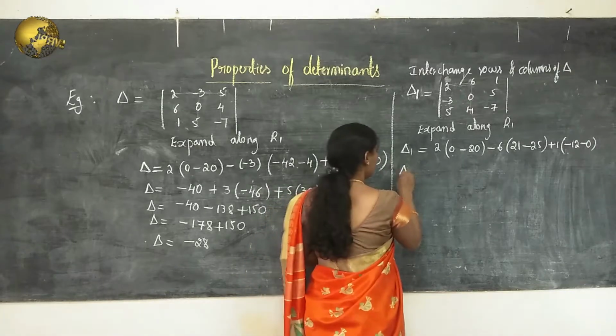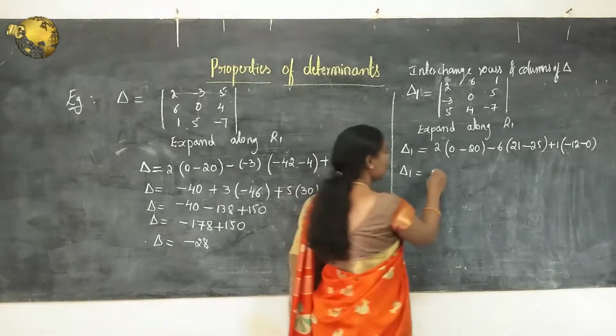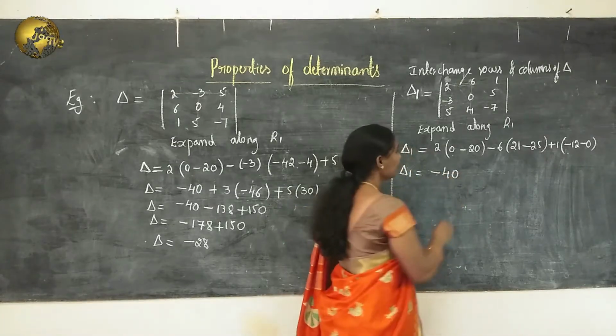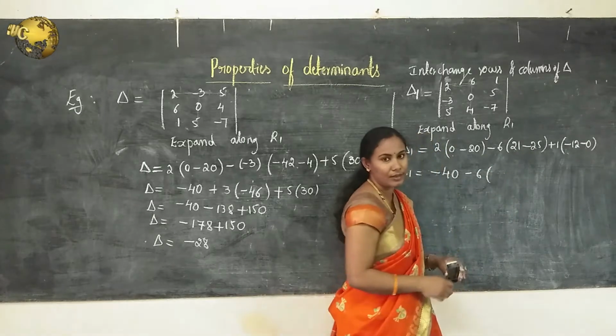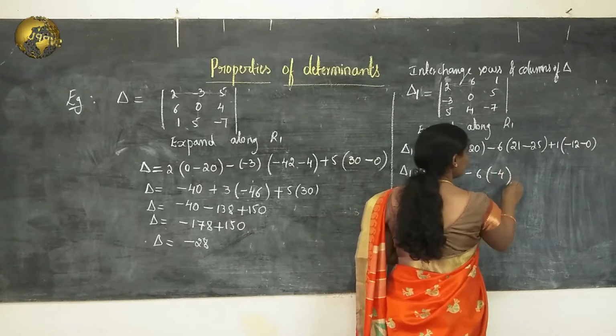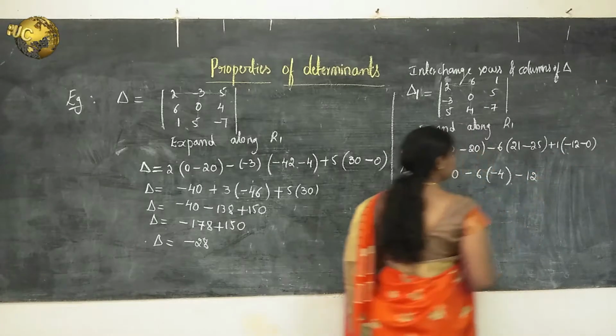Okay, so delta 1 is equal to, again, minus 20 into 2 is minus 40, minus 6 into 21 minus 25 is minus 4, and then minus 12 into 1 minus 12.